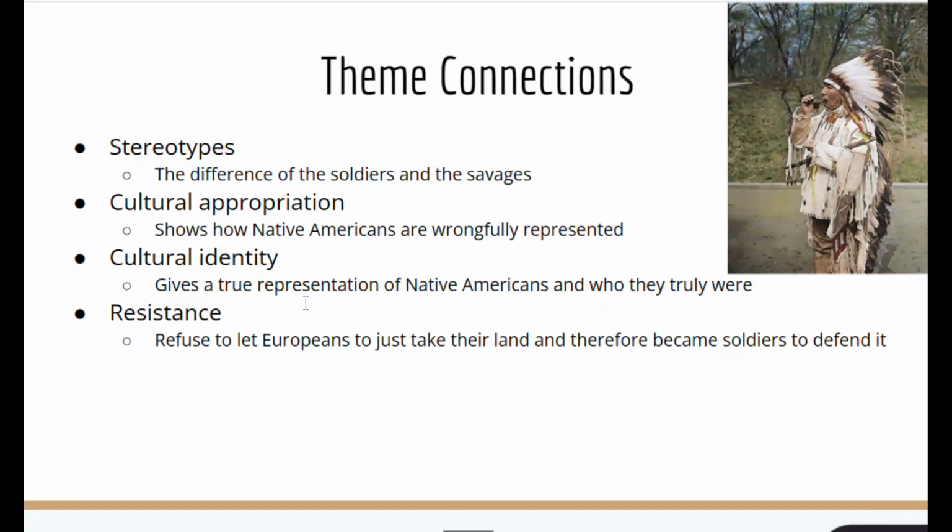I've never really thought of Native Americans as soldiers, but I've also never thought of them as savages, obviously. But now after finding out about this piece and seeing it, I really am glad that they could be referred to as soldiers, because that's what they were doing. And then resistance.